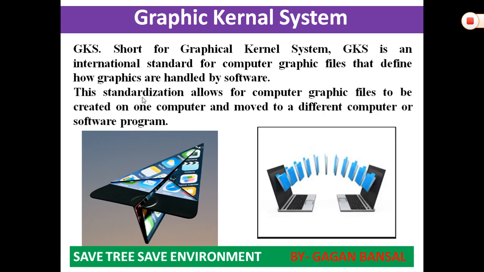So this standardization allows computer graphic files to be created on one computer and moved to different computers or software programs. That means because of the standardization of GKS, computer graphic files can be created on any one system and easily moved to different software programs.